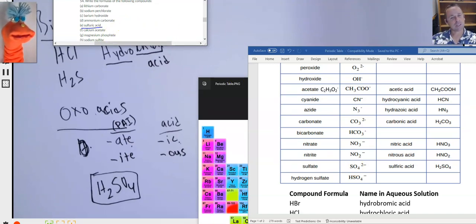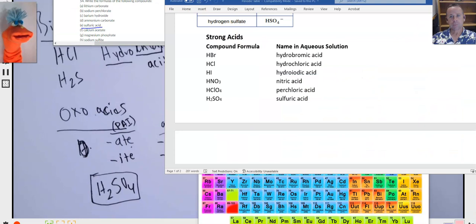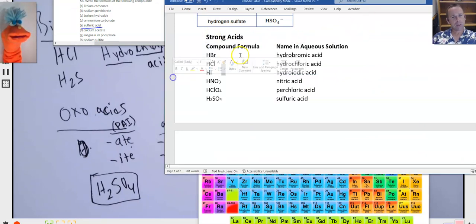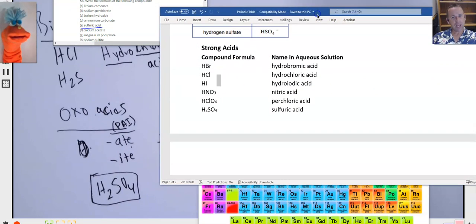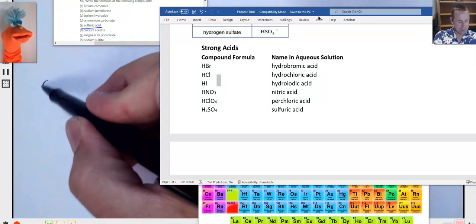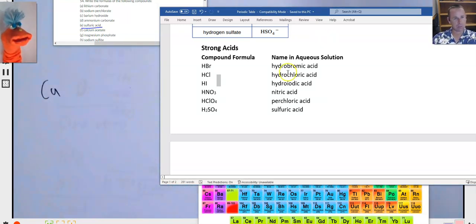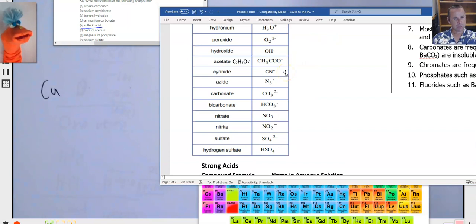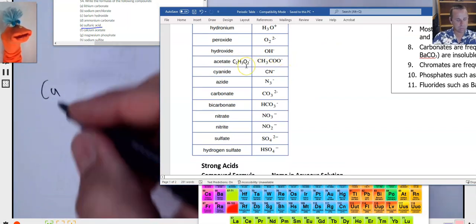Calcium acetate. Ca, that's calcium. Acetate ion: C2H3O2 with a minus.